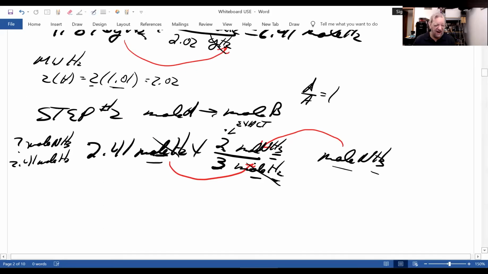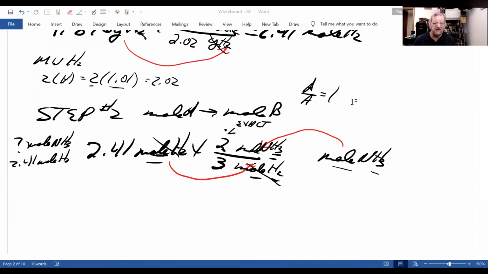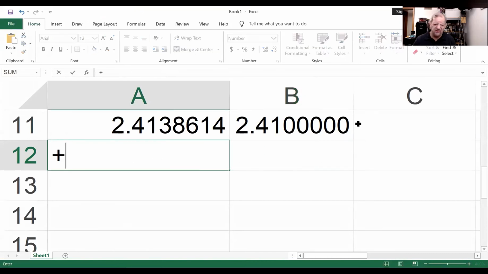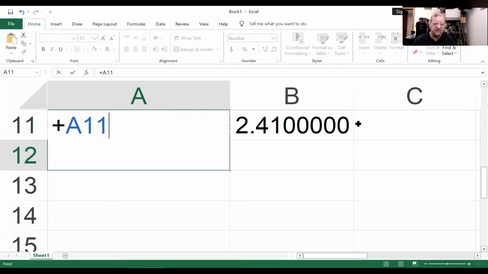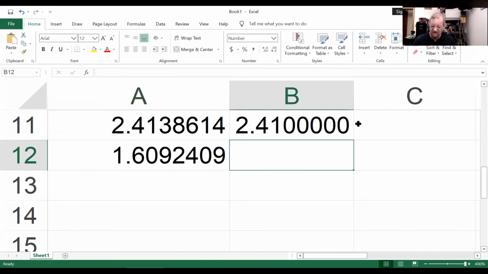And now I'm going to go to my calculator, otherwise known as my spreadsheet, and say this number times 2 divided by 3. I'll get this. I'll come over here and do the same thing.